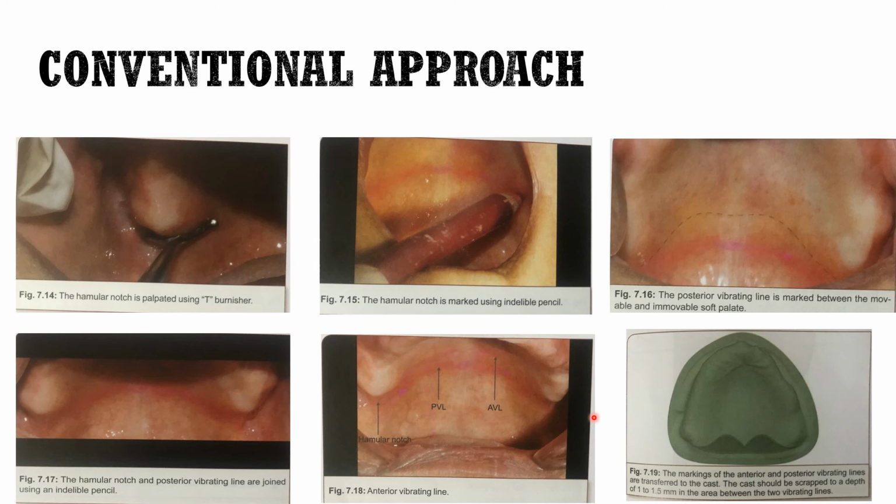The area between the anterior and the posterior vibrating line is scraped in the master cast to a depth of 1 to 1.5 mm on either side of the mid-palatine raphe, and in the region of the mid-palatine raphe it should be only 0.5 to 1 mm in depth. The posterior border of the posterior palatal seal should be tapered so that it blends with the palatal tissue, and this entire border of the postdam resembles the shape of the cupid bow.